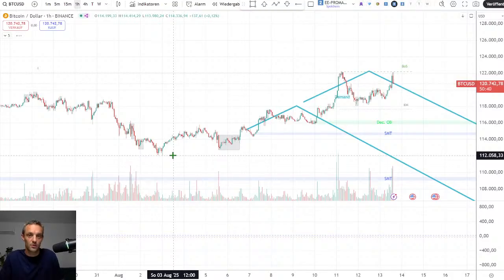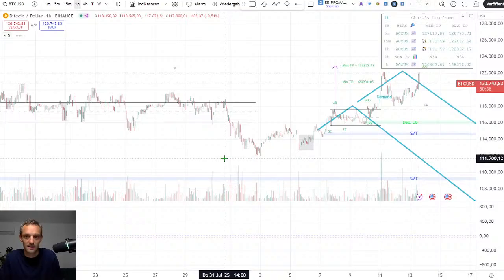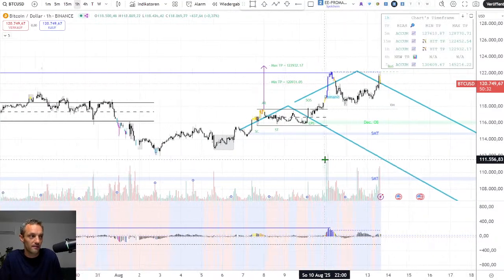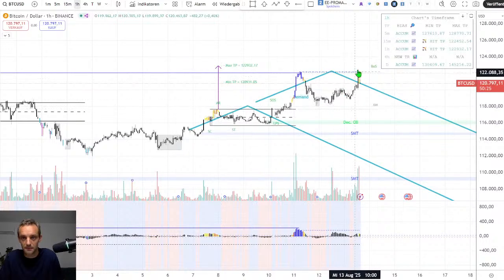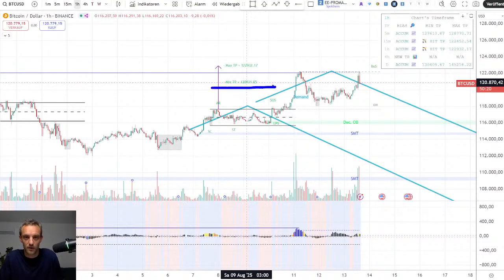On the 5-minute chart, we'll discuss it with the NASDAQ, because I'm mostly trading the NASDAQ, but of course you can apply the same things on other markets. While the NASDAQ is selling off heavily here. Yeah, on the 1 hour chart, everything is set. Also, the 1 hour target here is reached.